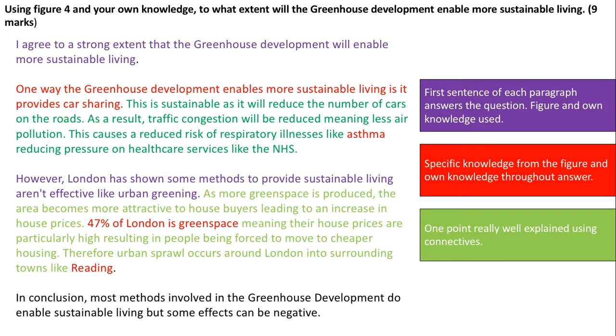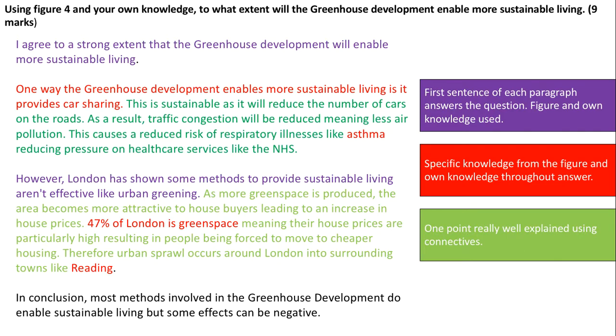Yes, they built this beautiful new park, but actually that had increased the house prices because the area became more attractive and forced people with low incomes out the area. So like most things, when we're talking about sustainability in geography, there are positives and negatives, and often things don't meet all the three aspects of sustainability: the social, the economic, and the environmental aspects.